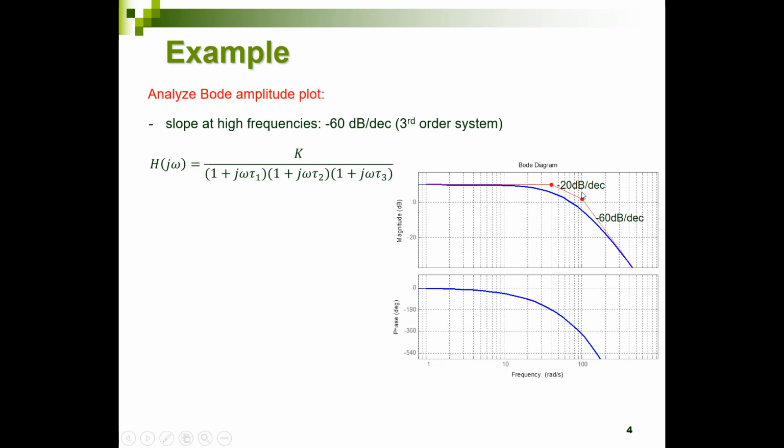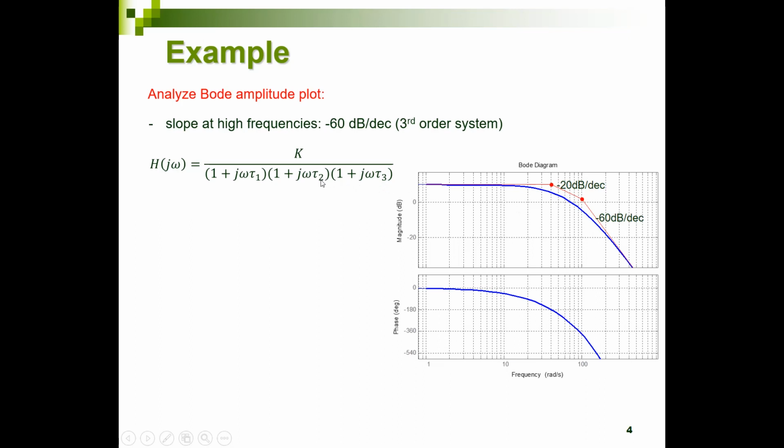So when we have a cutoff frequency over here, then most of the times this amplitude drops from minus 20 to minus 40 dB. So when it drops from minus 20 to minus 60 dB per decade, it should indicate that there are two time constants involved at this cutoff frequency. So two time constants should have the same value.